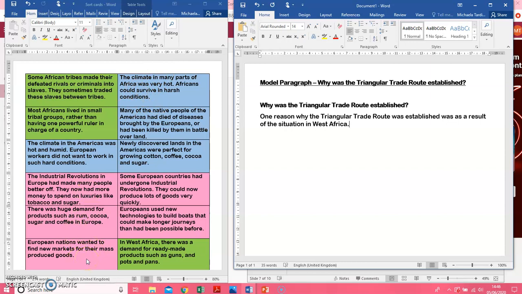Okay, so I'm going to say most Africans lived in small tribal groups rather than having one powerful ruler in charge of a country.